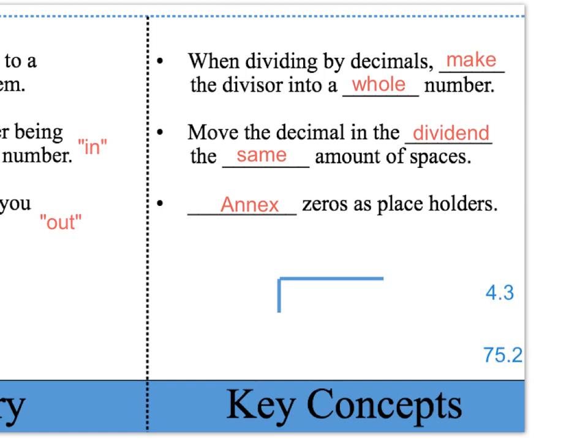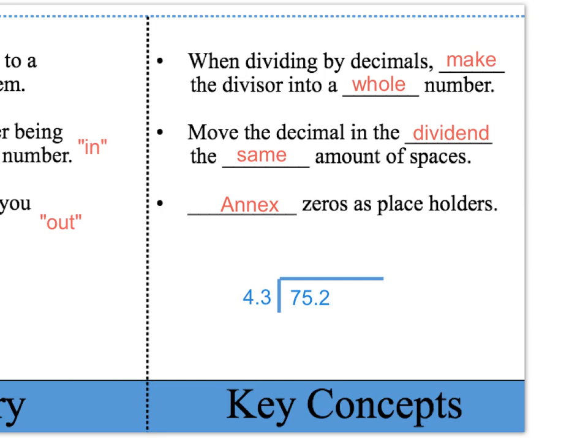So let me give you an example of what all of these words above here mean. If, for example, I have a dividend of 75 and 2/10, and once again it goes inside, that's the dividend, then I would take my divisor and place it on the outside.